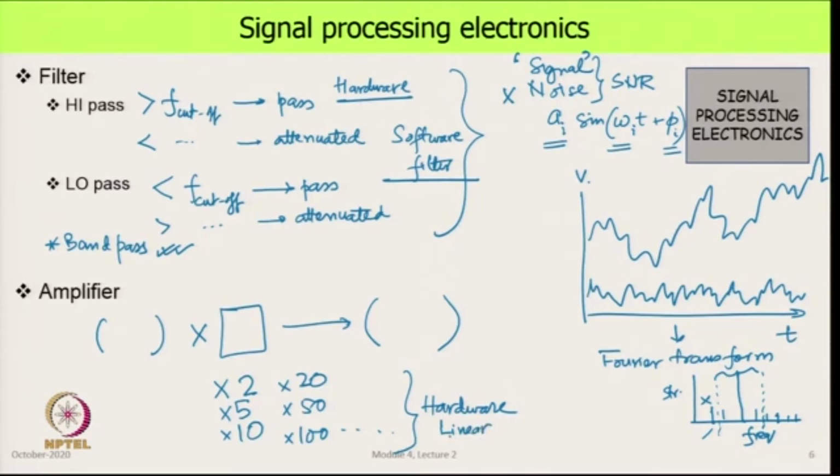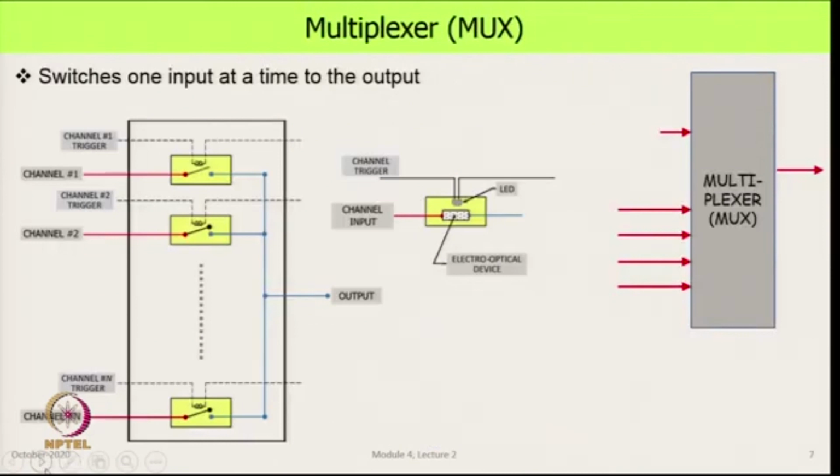But then there are other ends of the frequency spectrum where non-linearities start coming in, and this starts introducing uncertainty for our application. So, we need to have some idea of what we are doing here. These are the two main things that happen in signal processing as far as our instrumentation is concerned.